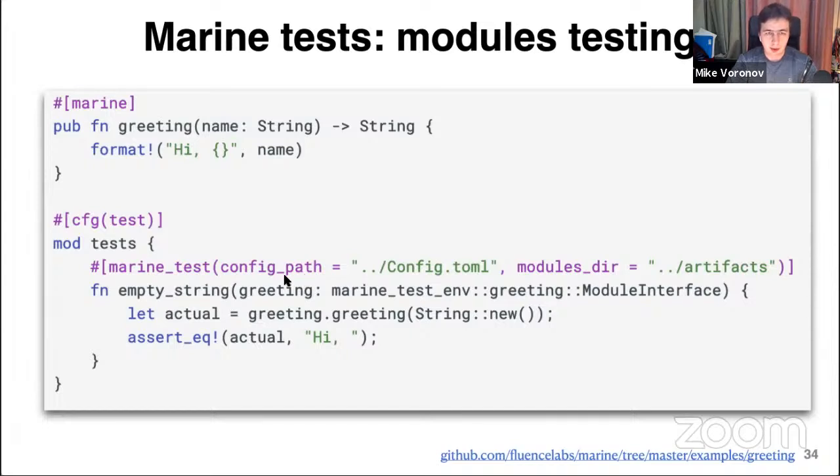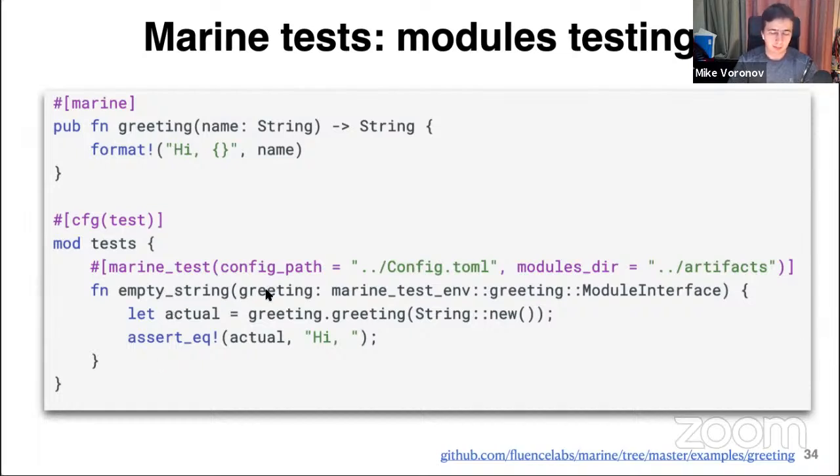Also, this code can't be compiled to WebAssembly and doesn't run from inside WebAssembly. This code is run as Rust code on the host side, and it's also distinguished from test patterns of different runtimes.